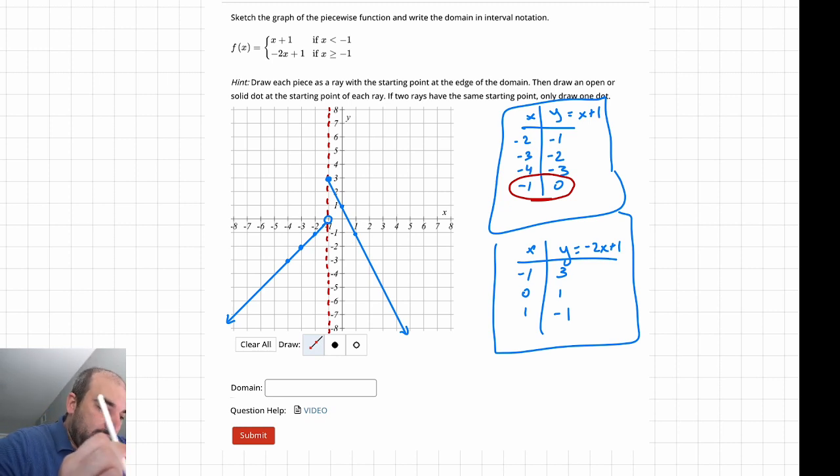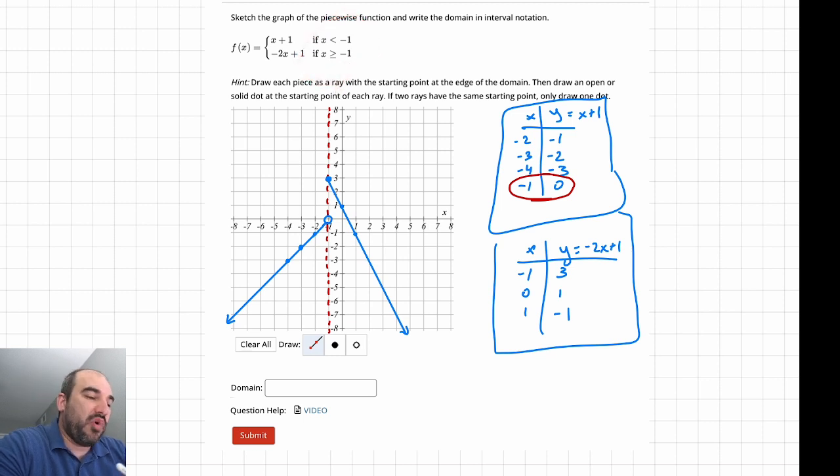Okay, thank you. We should talk about the domain at the end of this, which is, if I go from left to right, which x values do we have along the blue line and which x values do we not? Are there any x values that we skip along this whole blue two-piece line? The only place we might skip a number is the -1, right?